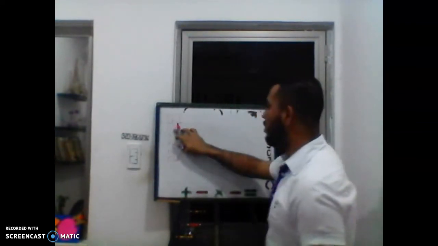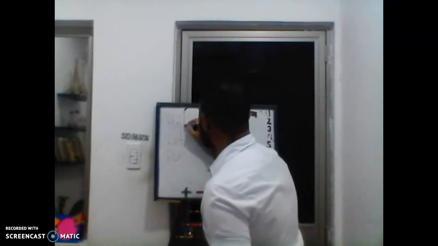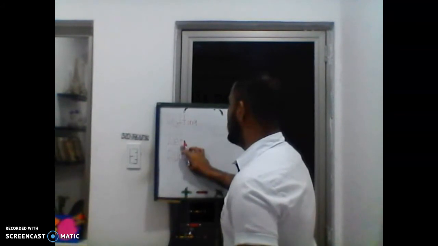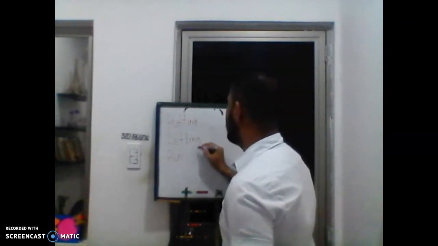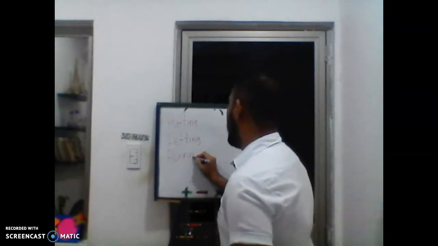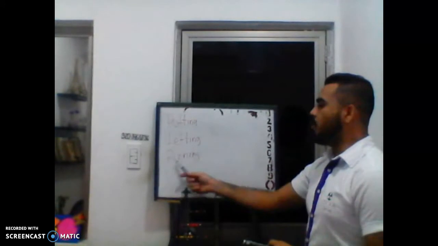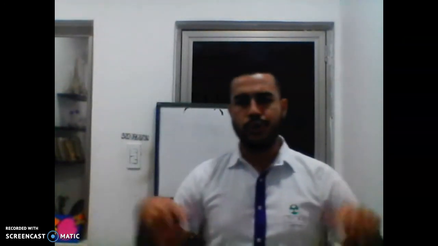So double the consonant and add ING. Putting, letting, running. Very good. So, okay guys, do you understand me? Yes, alright.